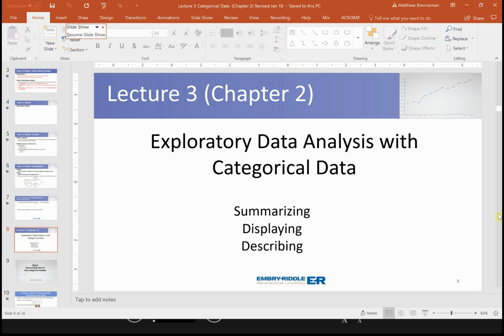So remember last time we talked about different data types, right? We said there were categorical and quantitative variables. This is just a real quick refresher. How can I tell something is categorical? What do you think?